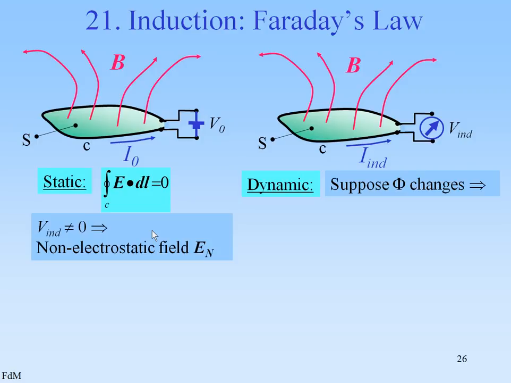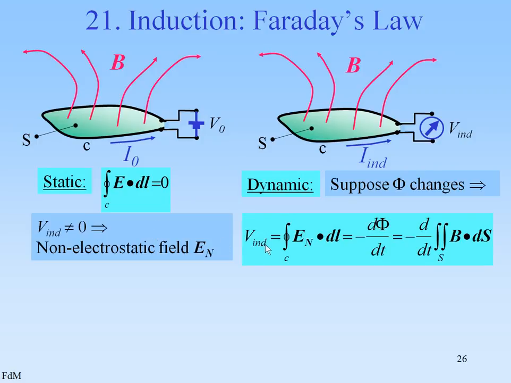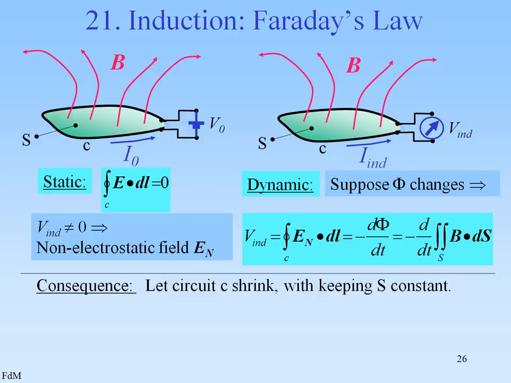We will have a non-electrostatic field En. And this means that we have a V induction, the path integral of En dl, is minus d phi dt, minus the change in the enclosed flux, as we have seen just a moment before.